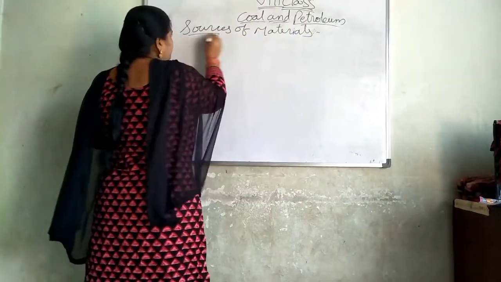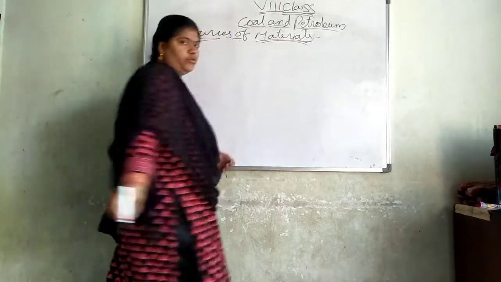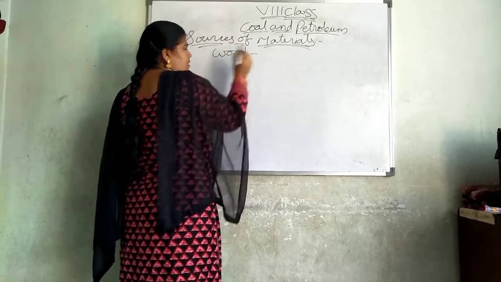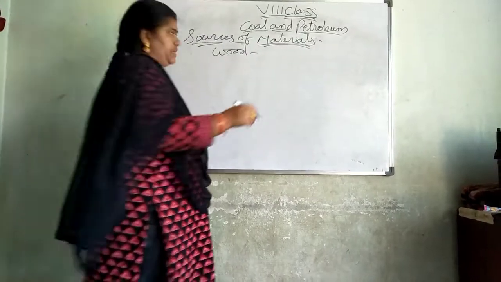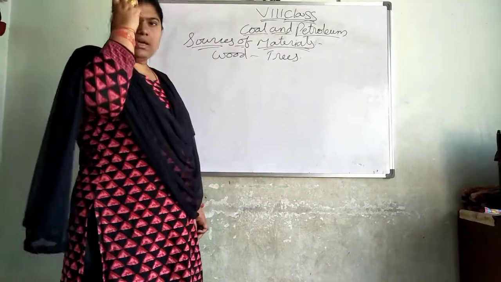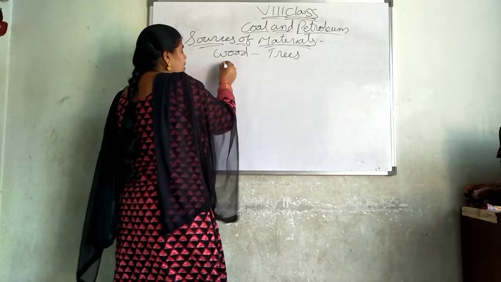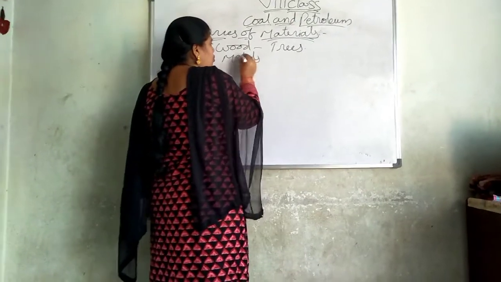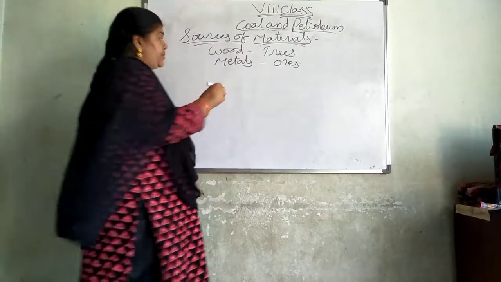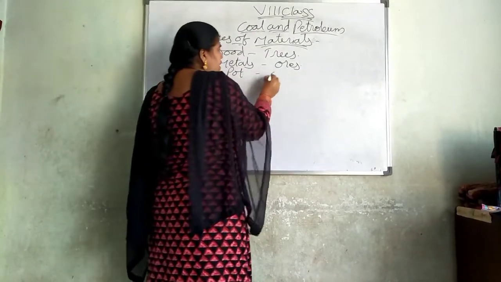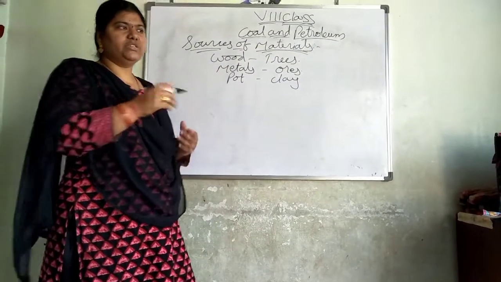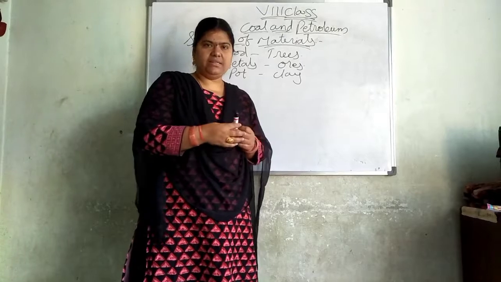Suppose we are getting wood from trees. Metals from ores. Pots from clay. Pots or some other utensils we are getting from clay. Is it correct or not?